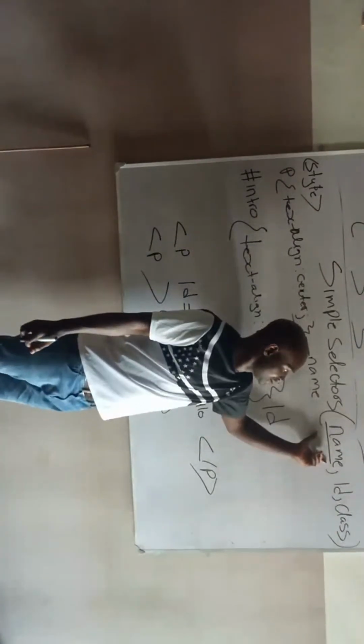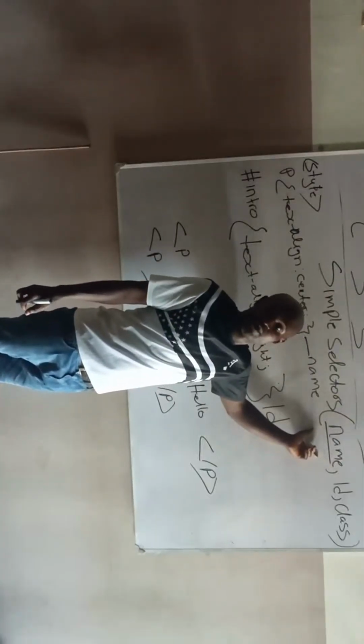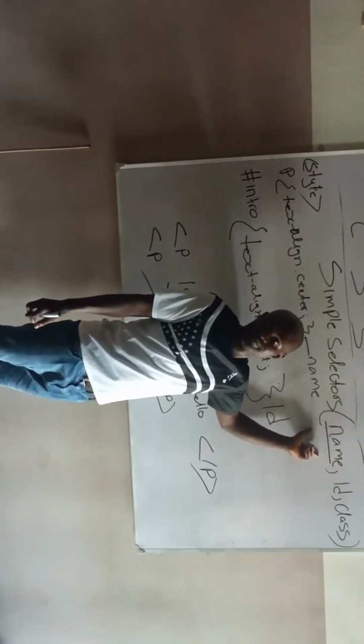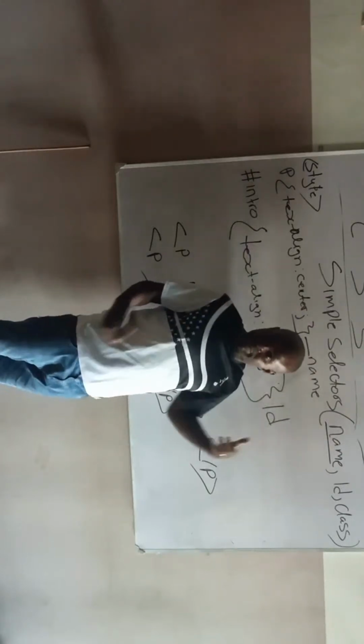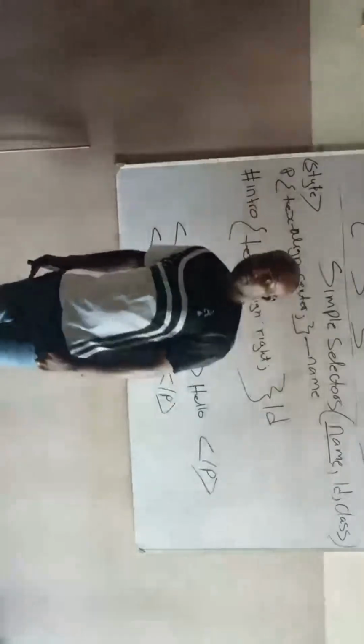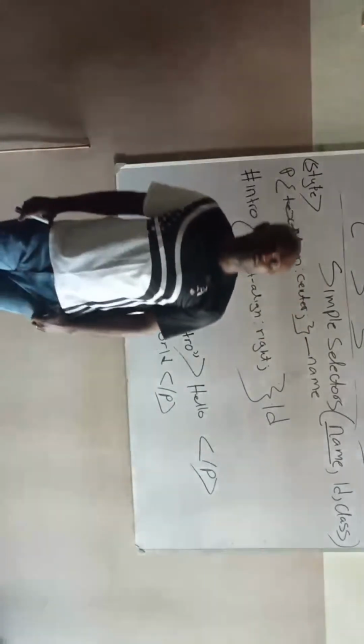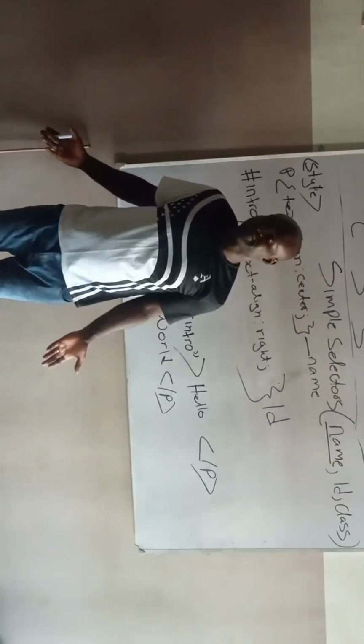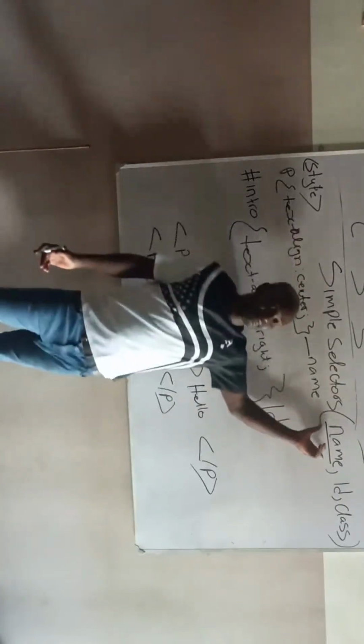Good. But this one is used to select elements by what? Name. And many people can actually have the same name. Nonso, Ulota, and we have 5 Nonso in this class. How many Nonso will stand up? 5. Name.